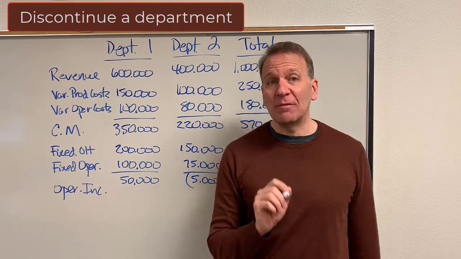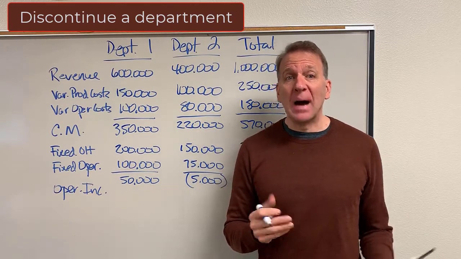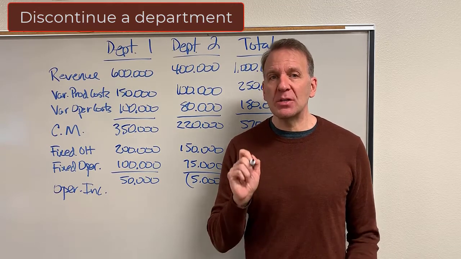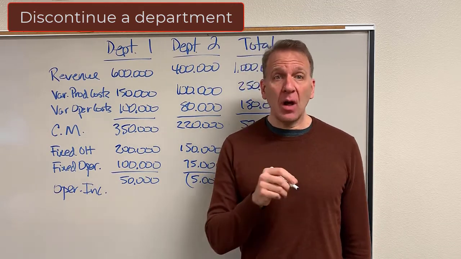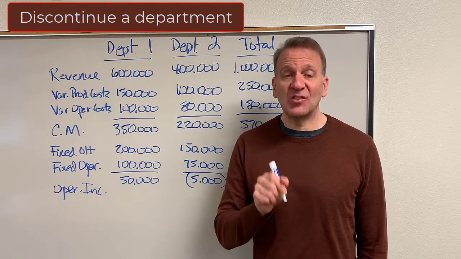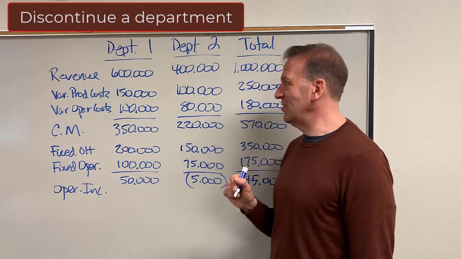Because remember, we've got fixed costs. Fixed costs might not change between the alternatives. In the first example I'm going to assume that our variable costs will stay variable and our fixed costs are going to stay fixed, meaning they're not going to change. All right, so let's take a look at this now.